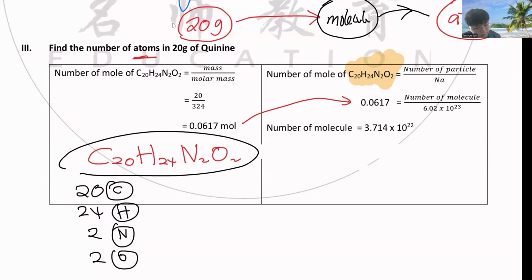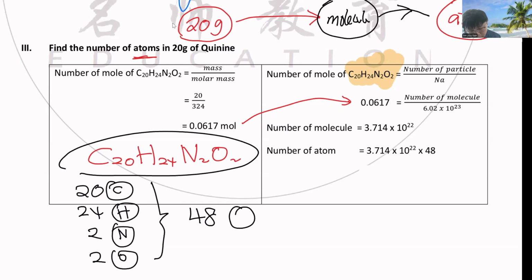So the total atoms I have will be 48 atoms. So to convert, you need to times 48, because in C20H24N2O2 we have 20 carbon, 24 hydrogen, two nitrogen and two oxygen. So in this molecule we have 48 atoms. So to convert to atoms, you times 48.